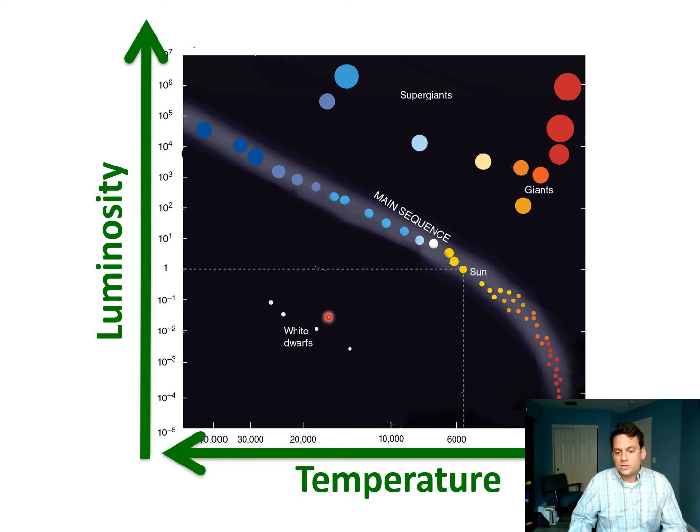And then in addition, there is another class of stars which are known as white dwarfs, which lie well below the main sequence. They are less luminous than main sequence stars of the same temperature, but they're quite hot in general.